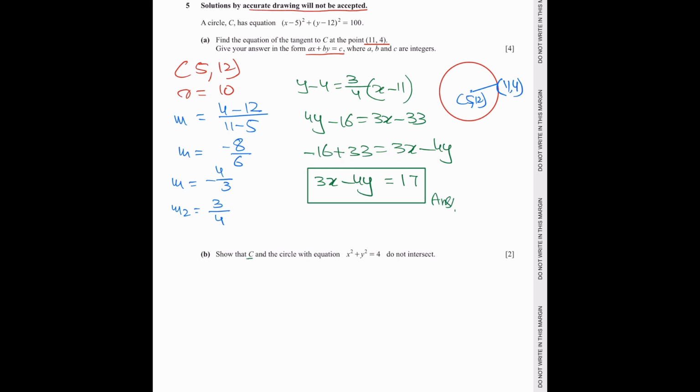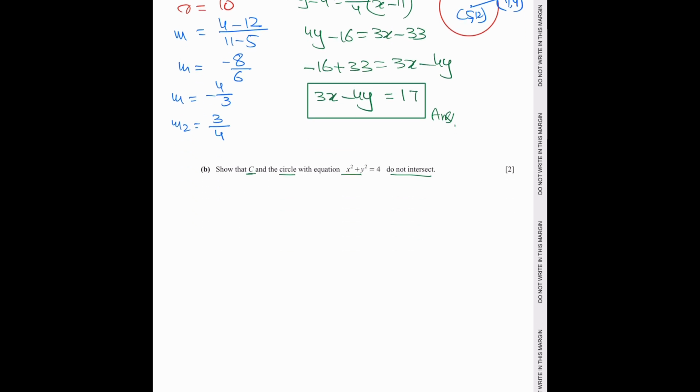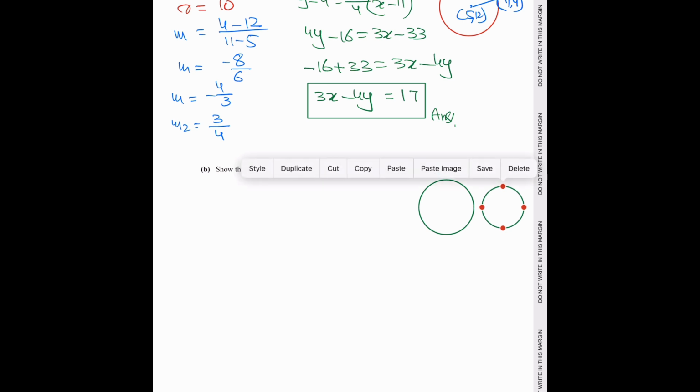Show that C and the circle with equation do not intersect. So for do not intersect, we will use a concept here. If I draw the diagram for this, so this is circle number 1, this is circle number 2. One circle is smaller than the other, and you have to prove the two circles do not intersect.